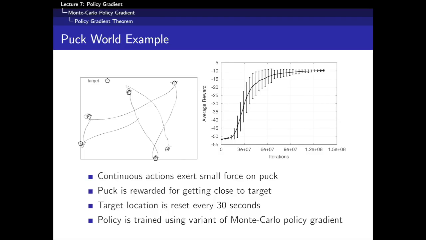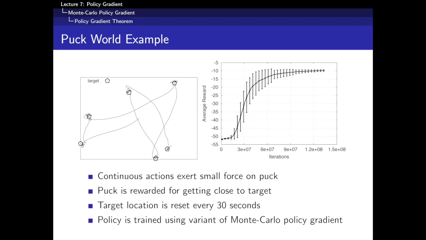There are two things I want you to take away from this. The first is that you get this very nice, smooth learning curve. Value-based reinforcement learning tends to be much more jaggy. You sometimes end up with collapses and sometimes chatter, but you can do very well.